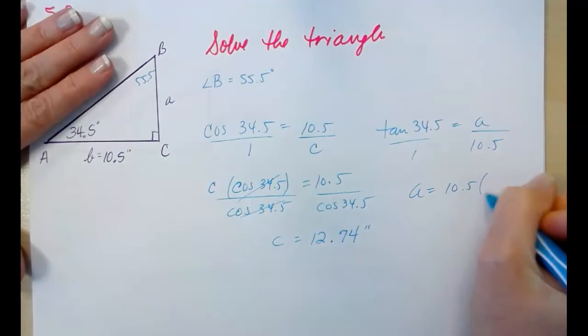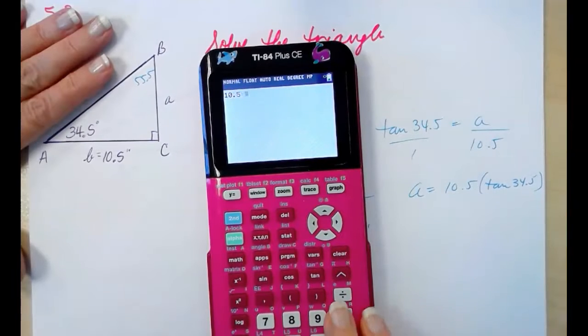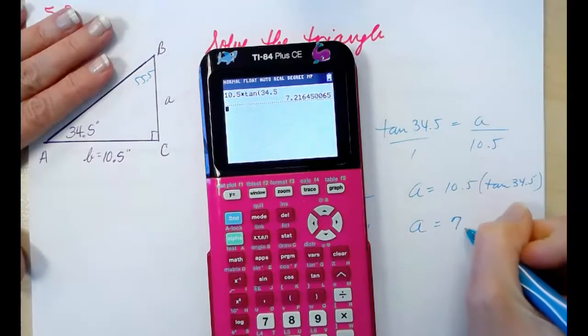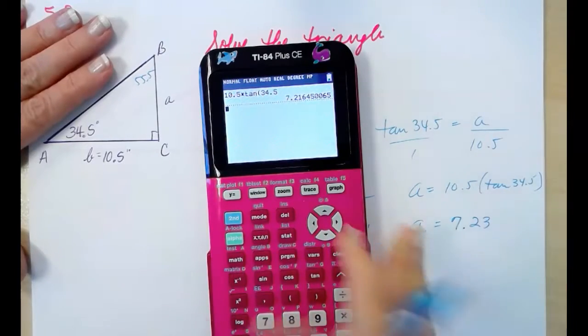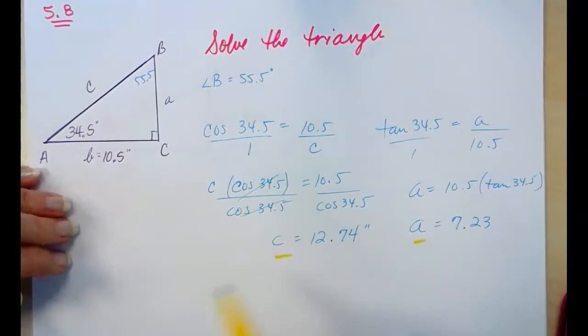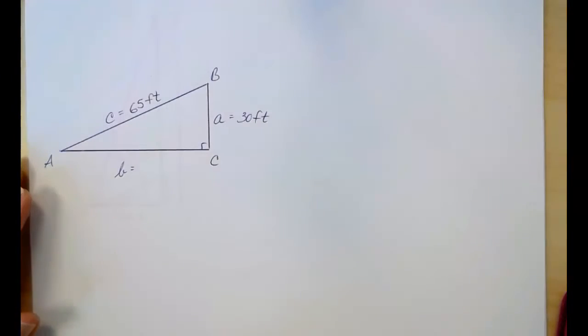A equals 10.5 times tangent 34.5. A is 7.23. So we've got everything we need. There's A, there's C, there's big B, and everything else was given. We're solving the triangle.